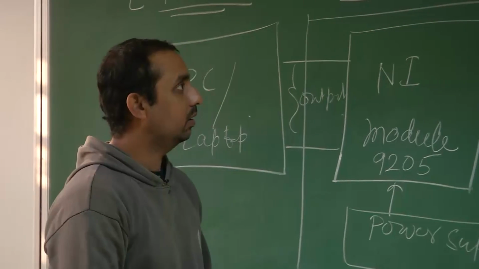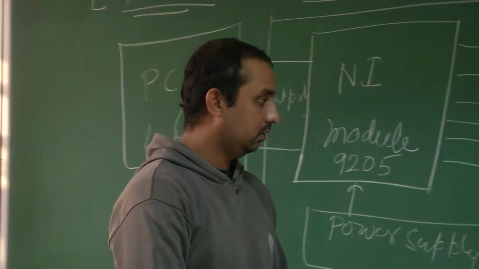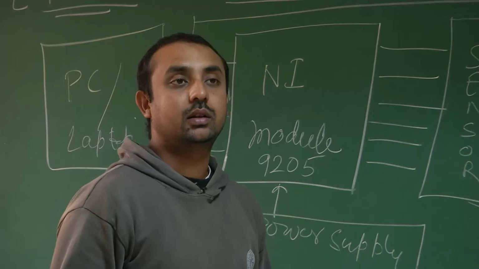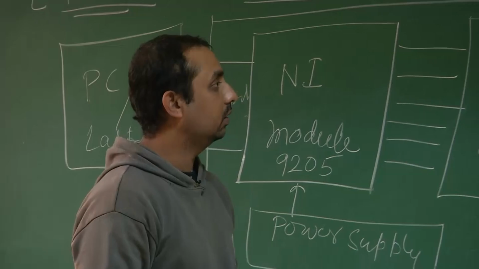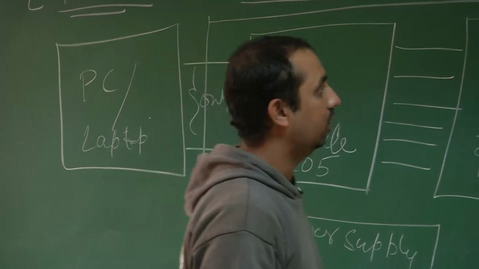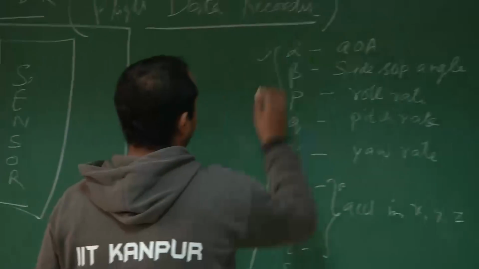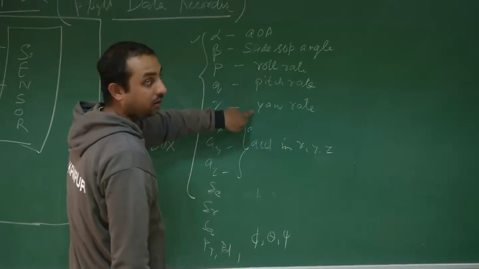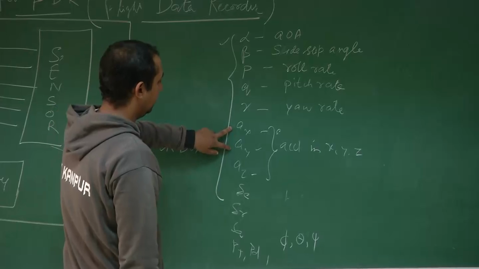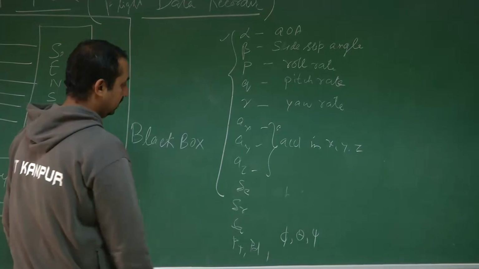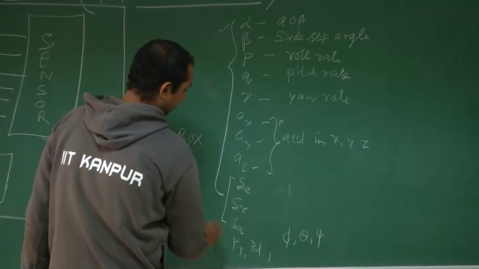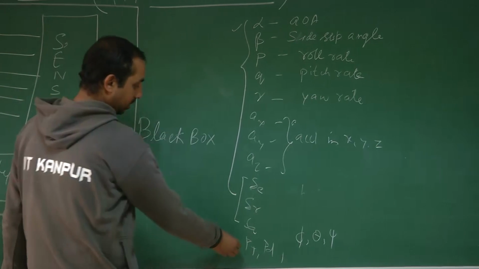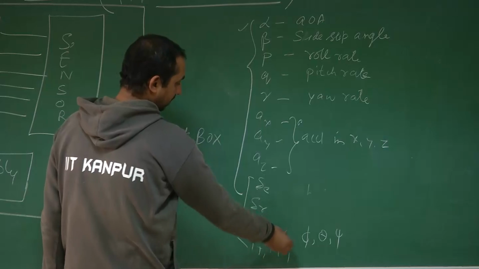in our flight data recorder, we are recording different data as follows: your angle of attack, your side slip angle, roll, pitch and yaw rate, your acceleration in different axes, the deflection of control surfaces which you have already seen in previous experiments, and the total pressure and differential pressure.